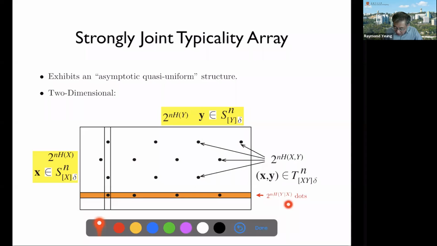sequences, and the number of bits that I need to tell you which one of them is approximately log of 2 to the power n times entropy of y given x, and then you divide by n, the rate, and this would be equal to entropy of y given x. Okay, so bits.